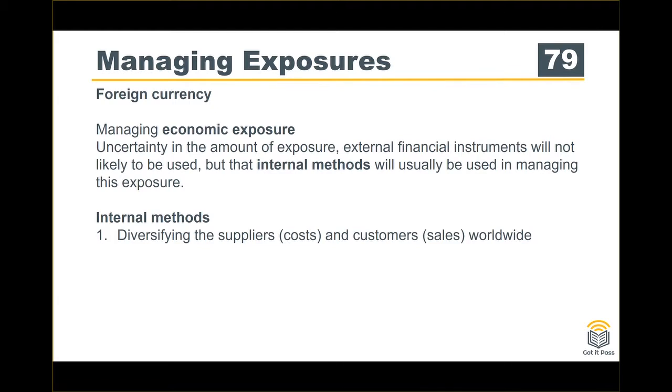So they diversify the suppliers as well as their customers, and it can help them minimize the exchange rate risk. Also, you can diversify your operations into other countries in the world. It can help to minimize your economic exposure as well.